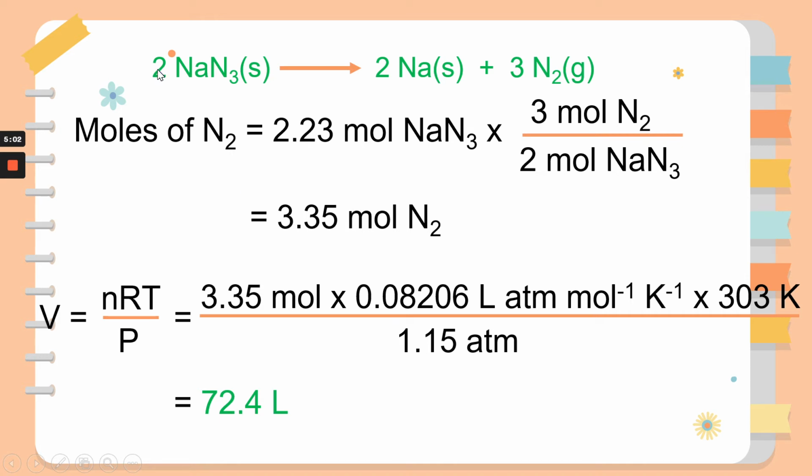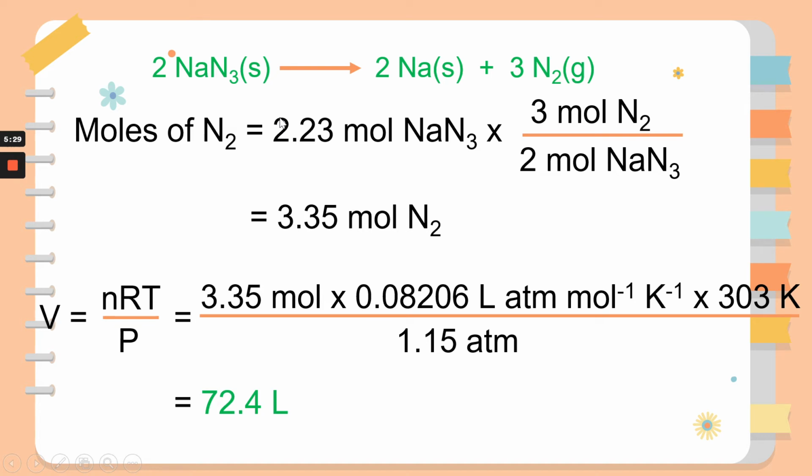Next, we have to find how many moles of nitrogen are produced in the decomposition reaction. Here we have the balanced equation. According to this balanced equation, 2 moles of sodium azide yield 3 moles of nitrogen.